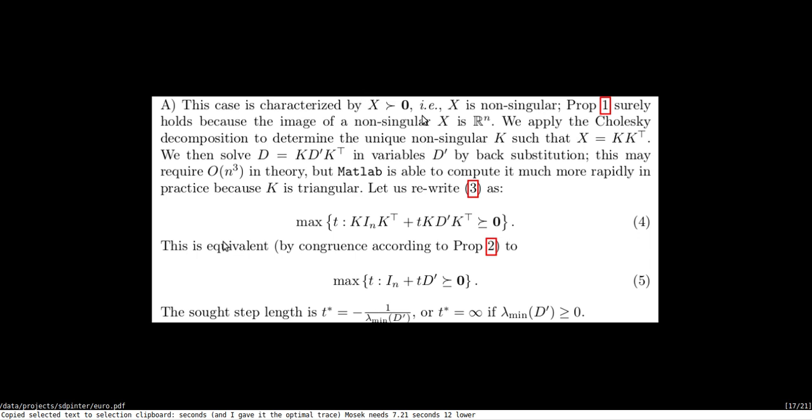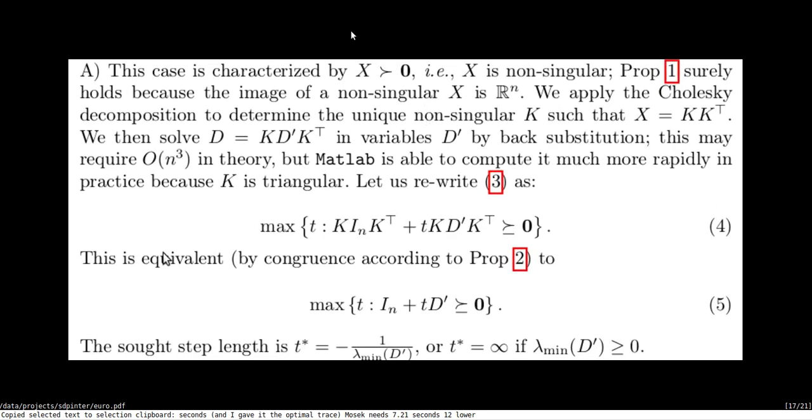So let's say X is SDP, and the previous property will hold because the image of a non-singular X is the whole space. We apply the projective factorization. We have X written this way.